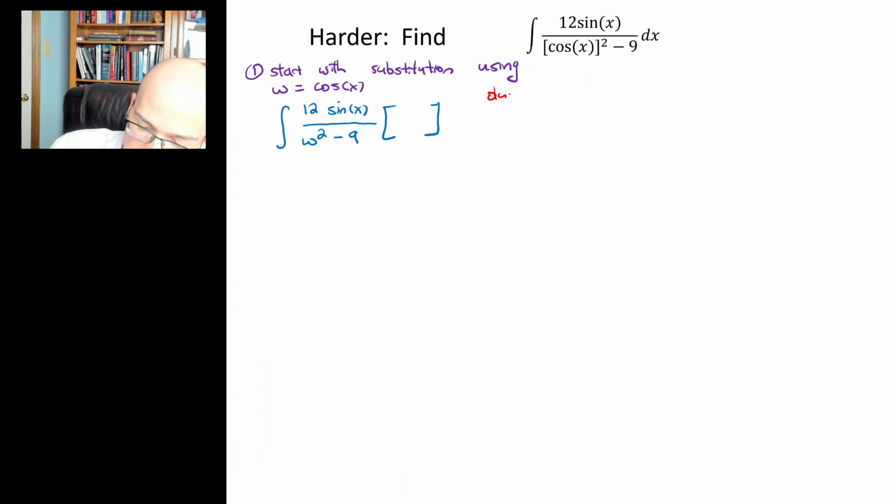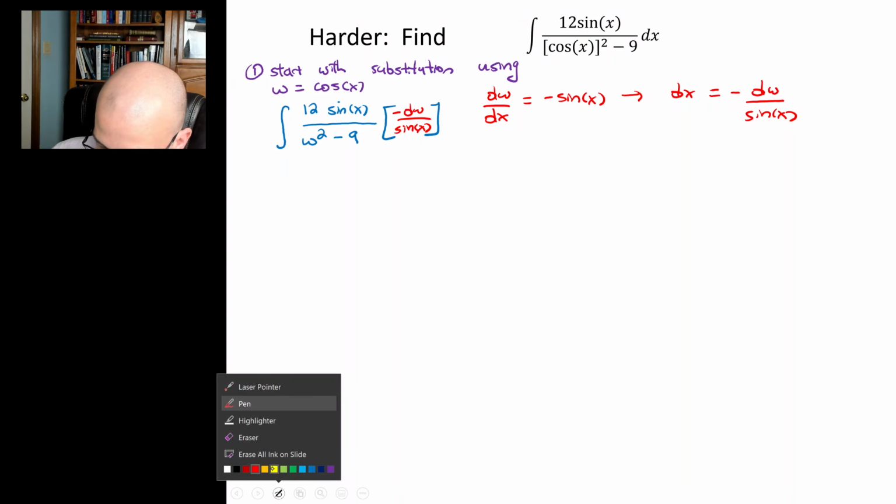So dw by dx is negative sine of x. Rearrange, dx is equal to negative dw over sine of x. That's a good substitution, because look what happens. Sine of x on top cancels with the sine of x on the bottom.